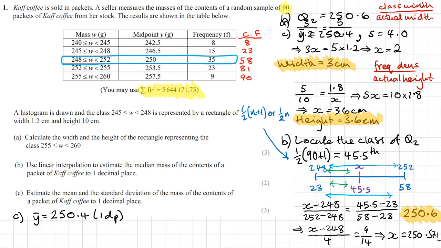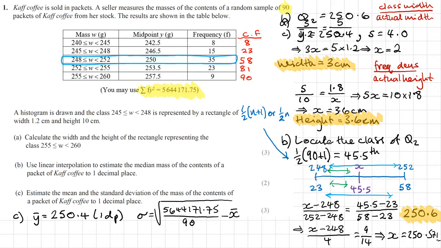And then we want to find the standard deviation. Okay, so the standard deviation is going to be equal to the square root of the sum of fy squared, which is given. So that's 5644171.75, and that's actually exactly the same as what I've got on my calculator for the sum of x squared, then divided by the sum of f, which is 90, and then I subtract the mean squared.